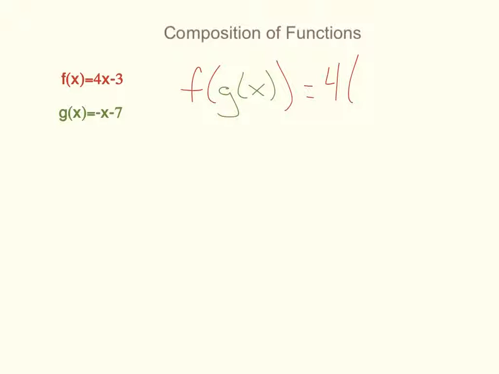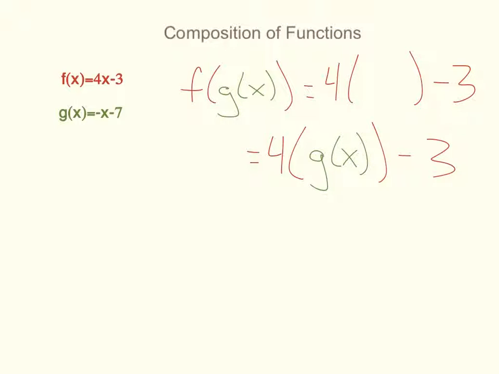Right? X is just a placeholder. Right? Whatever we put in here, whatever goes inside the f parentheses, we got to multiply it by 4 and then subtract 3. Well, what do we want to put in the parentheses? Well, we want to put the g function in. But again, whatever it is, we're going to multiply it by 4 and then subtract 3.